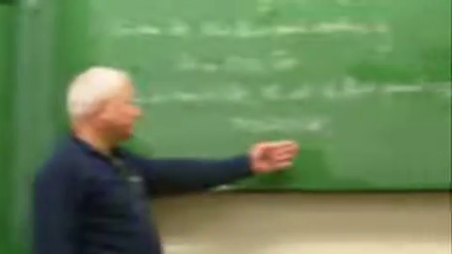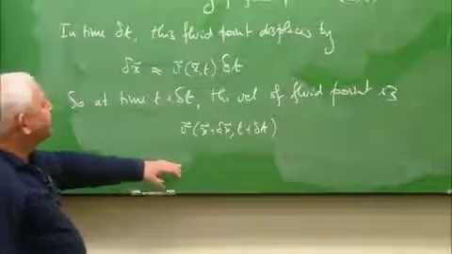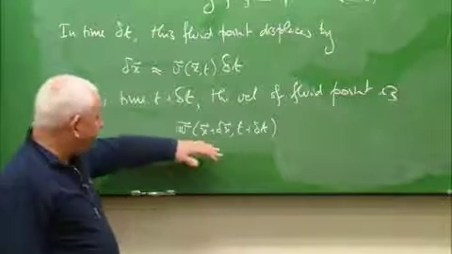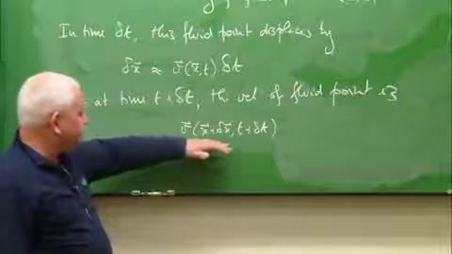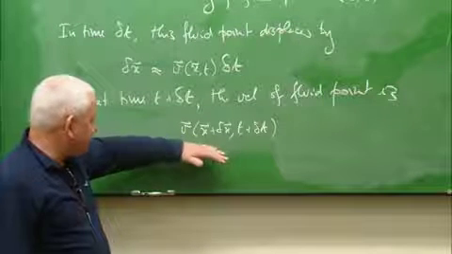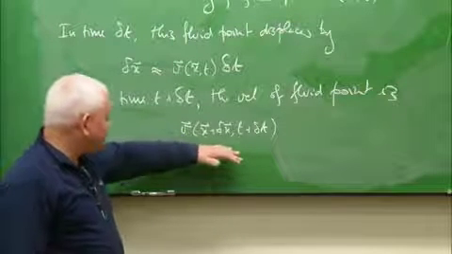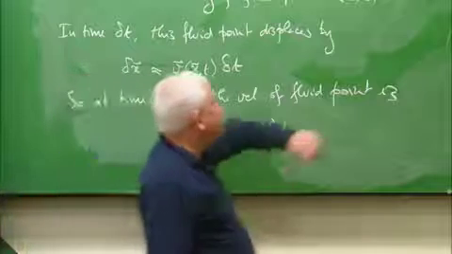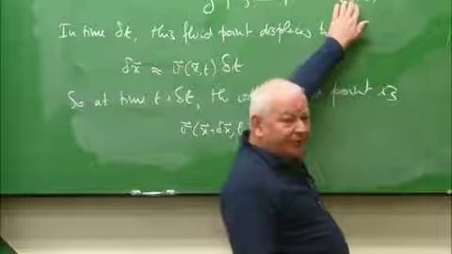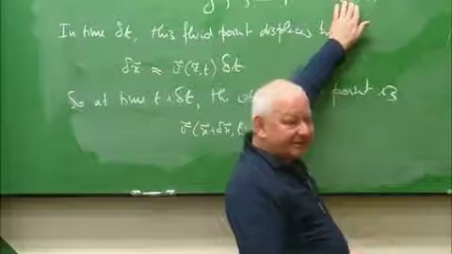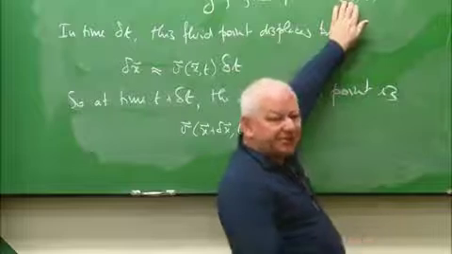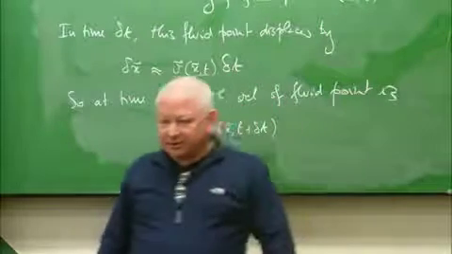The problem now is to find the difference between the new velocity, v of x plus delta x, comma t plus delta t, minus the original velocity, v at x and t, divided by delta t, and that will give me the acceleration of the fluid.